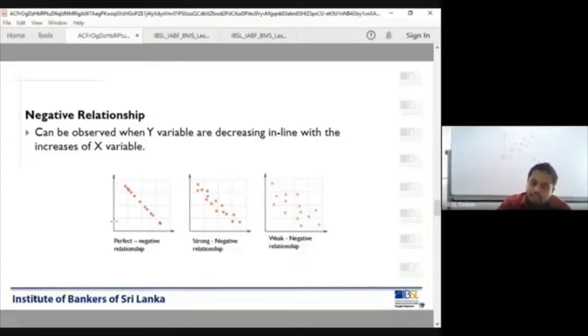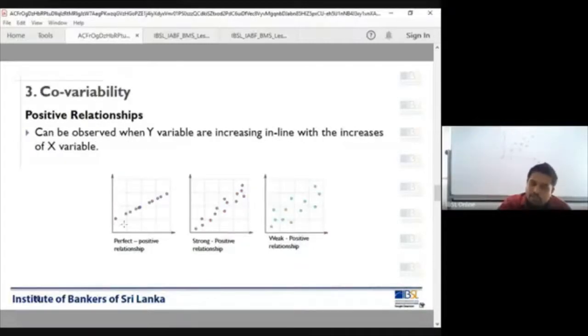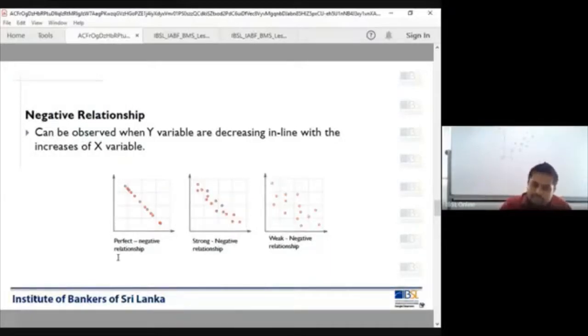But the similarity between these two instances is that the degree or the strength of the relationship of the three data sets, perfect, strong, and weak, will be similarly identified in the negative relationship instances also.